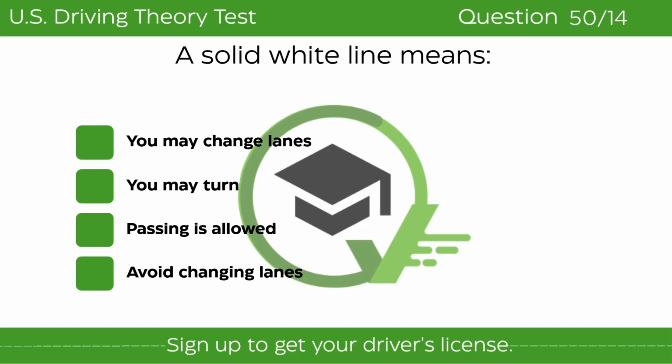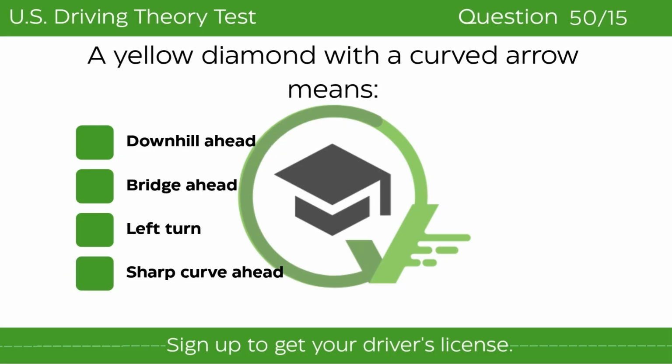A solid white line means D. Avoid changing lanes. Question 15. A yellow diamond with a curved arrow means D. Sharp curve ahead.